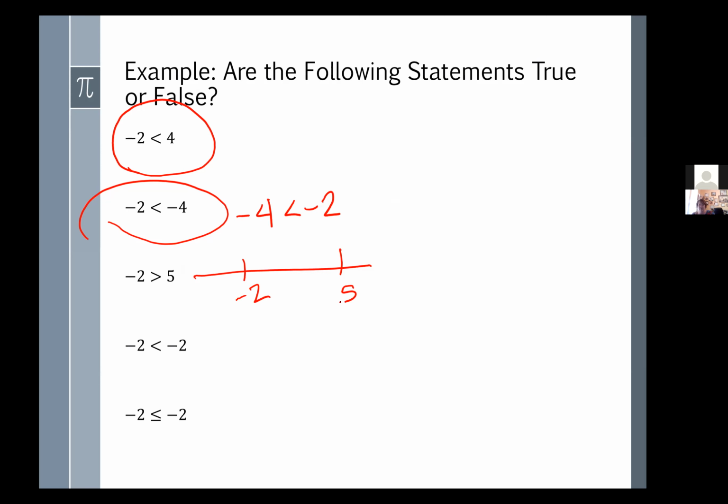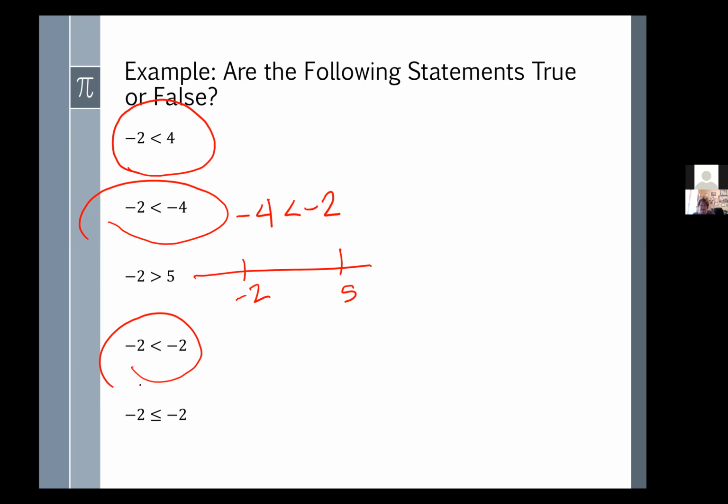How about -2 less than -2? True or false? Is that true? It's false. That's correct. -2 is not less than itself. No number can be less than or greater than itself. Can't be. -2 is not less than -2.